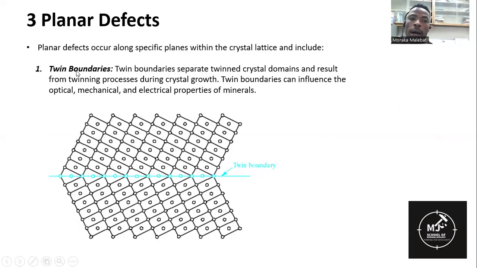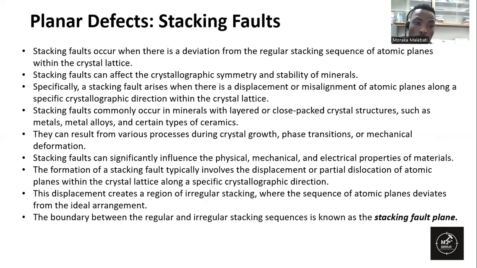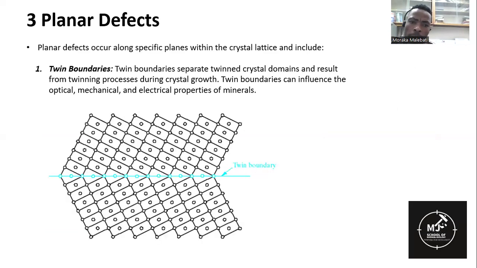Now planar defects, we talk about twin boundaries. Okay, there are two. We've got twin boundary and stacking faults. Okay, these are more interesting. So the twin boundary has the same analogy as a mirror plane in twinning. The crystals share the same twin plane.